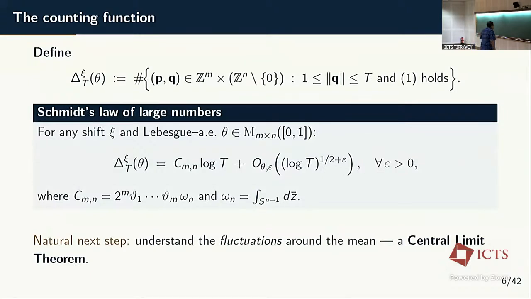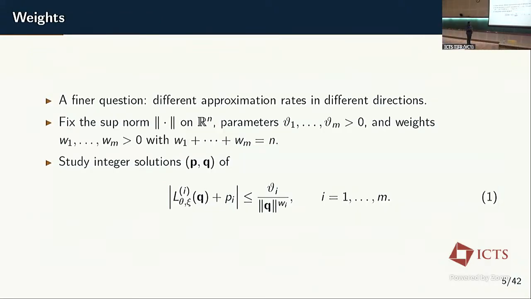Yeah, so these inequalities define some region. It's an infinite volume region, and you're counting integer points in this region. So let's say in the case of one linear form, it's some kind of a line or a plane, and you're trying to count integer points close to this line.